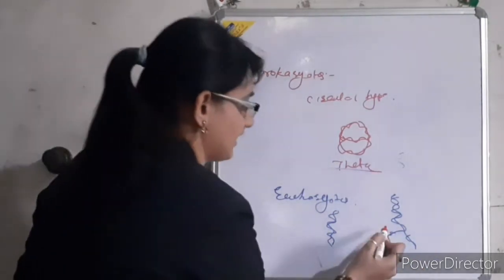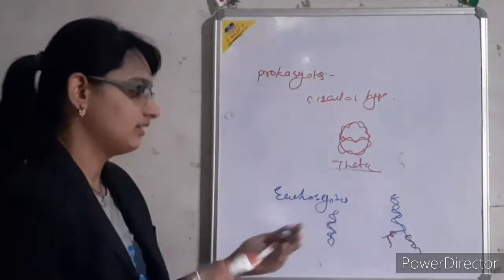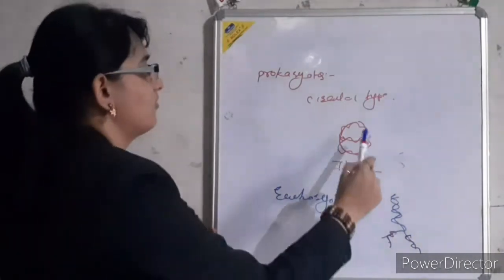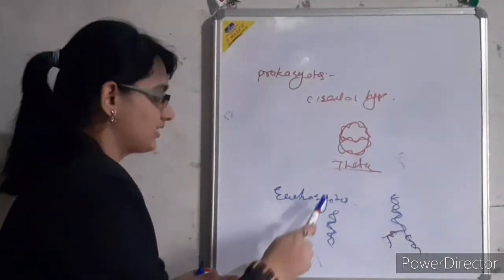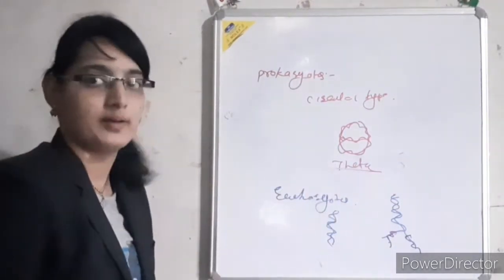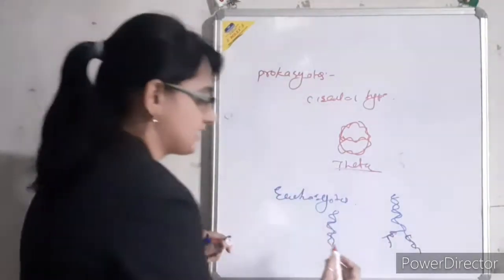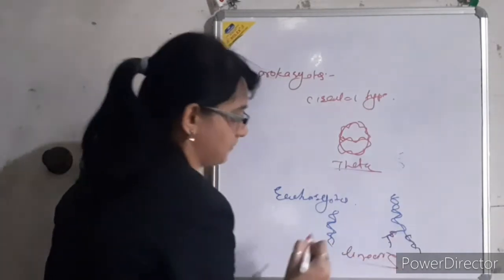The second one, with the red color, is the new strand. Hence, replication is divided into two types: first is theta replication in prokaryotes, and another is semi-conservative linear replication in eukaryotes, where strictly linear replication takes place.